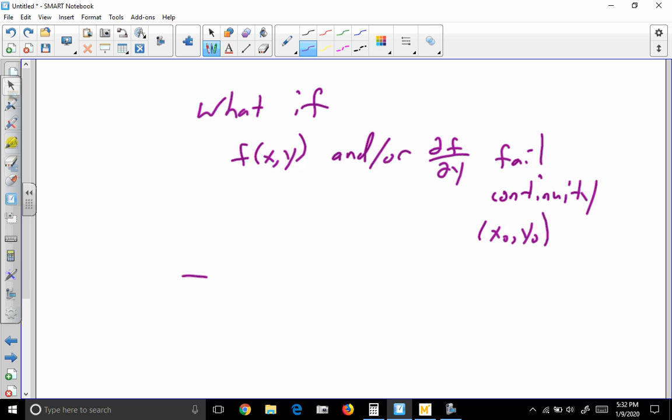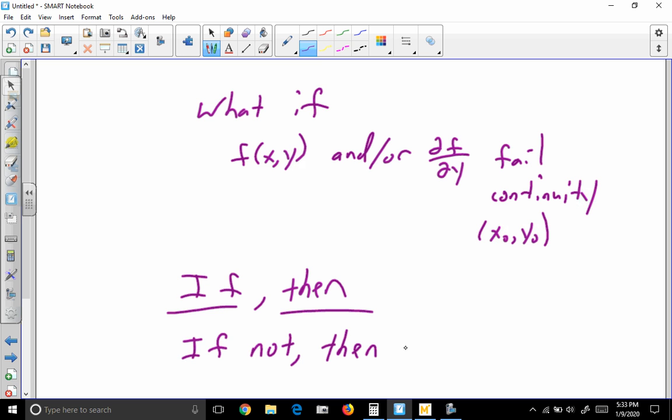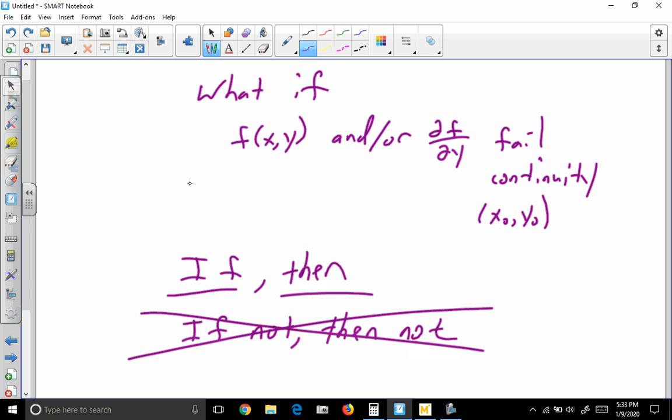Remember when we have if-then statements, if the first one is true, then the second one is true. It does not mean that if the first one is not true, then the second one is not true. That's not guaranteed. If the first one is not true, that just means we don't know what's going to happen.